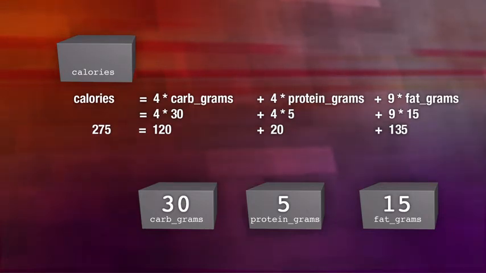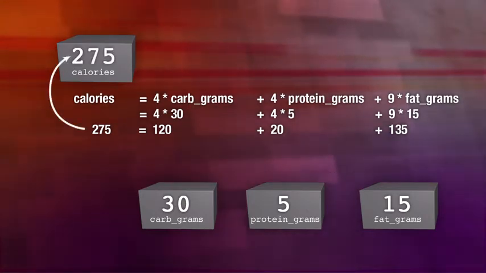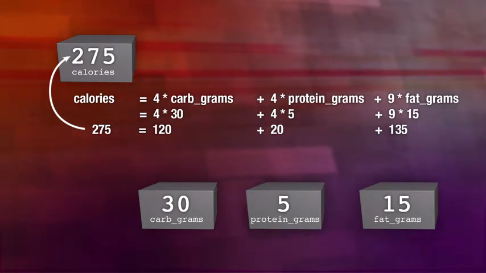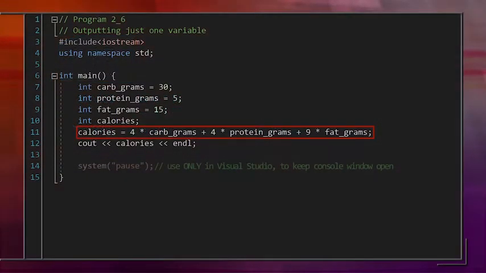Adding up all of those gives us 275. It's our program's job to calculate the value, and we assign that value to the variable calories. Notice that we first calculate the value on the right-hand side, and then we assign that to the variable on the left.